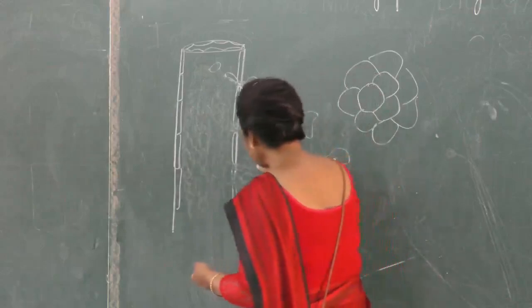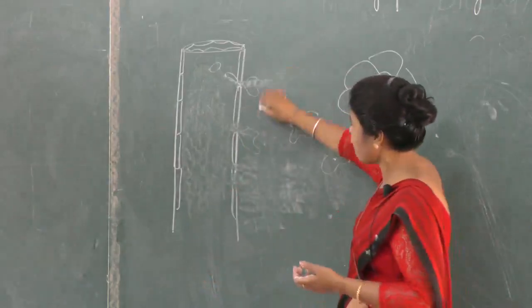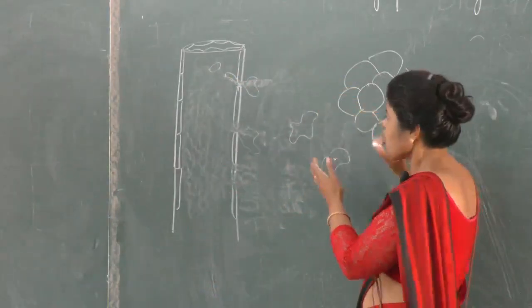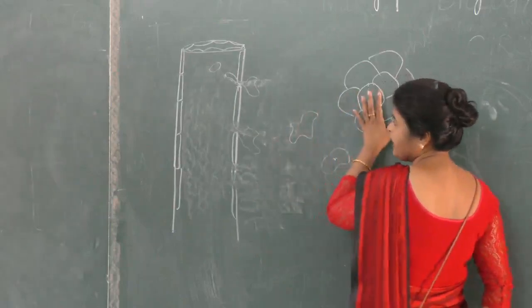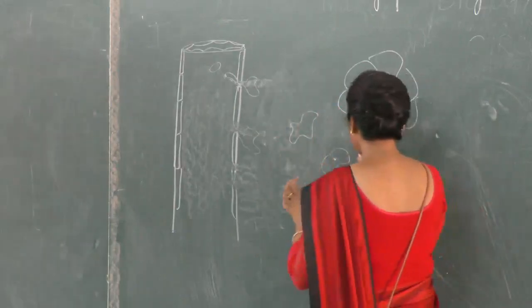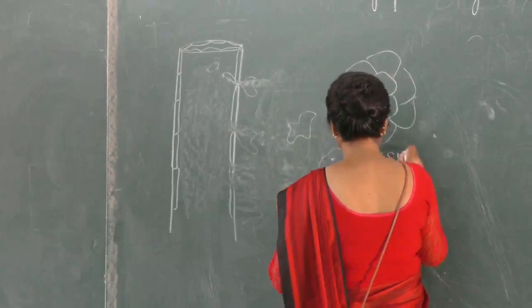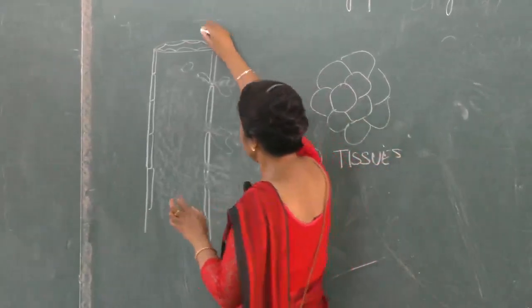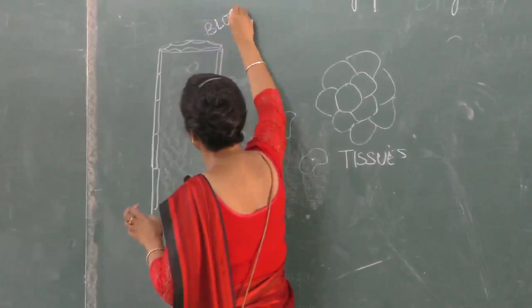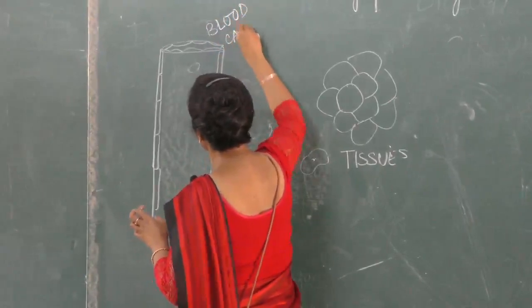Once this liquid comes out from the blood capillary, where is the liquid present? The liquid is present between the tissues and the blood capillary.